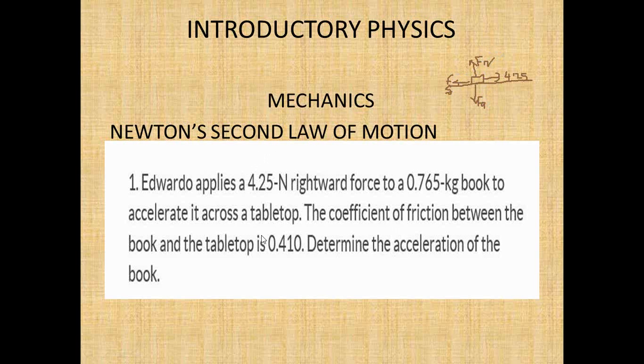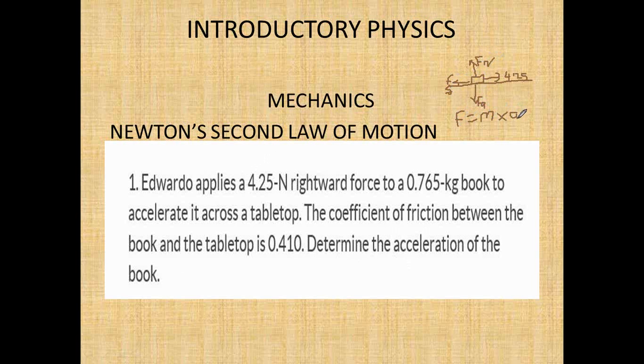So the first thing you do is draw your free body diagram, and they gave you the coefficient of friction between the tabletop and the book, and you need to determine the acceleration. So you're going to write out your equation. The net force is equal to mass times acceleration.